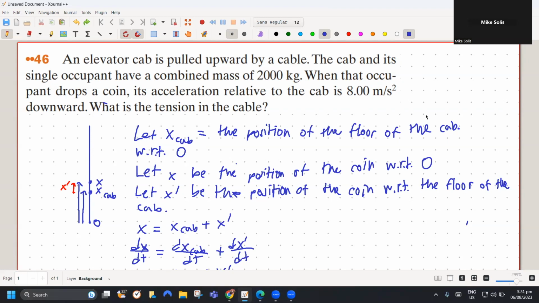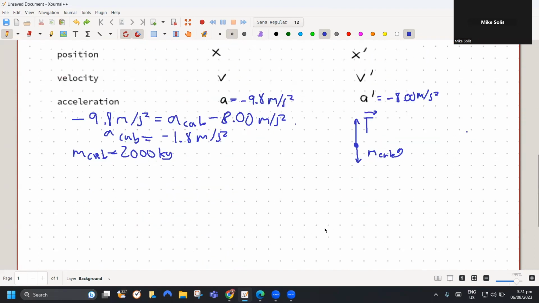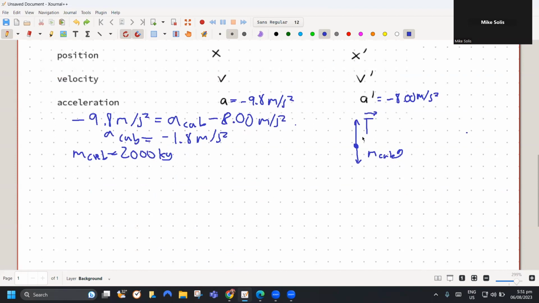So, use Newton's second law to write down an equation. What does the free body diagram tell you? So, anong object dyan? Elevator.